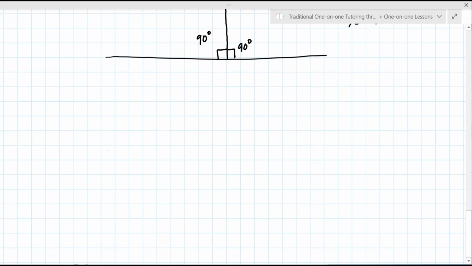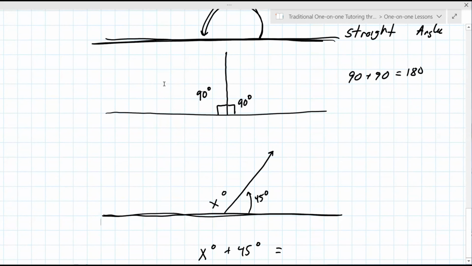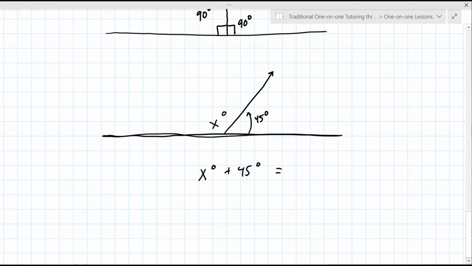Okay. So now, you might be thinking, well, why does this matter? Well, let's say I tell you that this angle right here is 45 degrees, and I want to know this other angle. What do the two angles have to add up to for a straight line? We just did it in the previous problem. What do these two angles up here add up to? 180. So these two angles down here must also add up to 180 degrees.